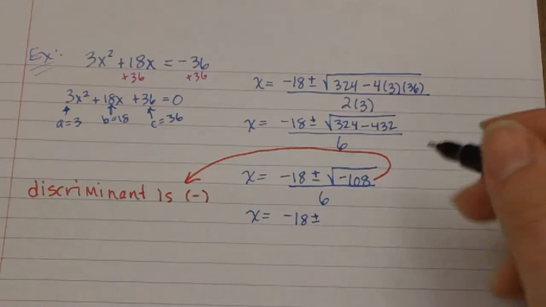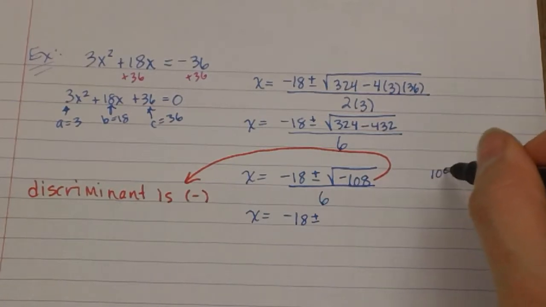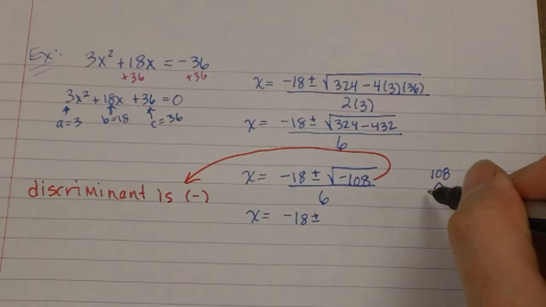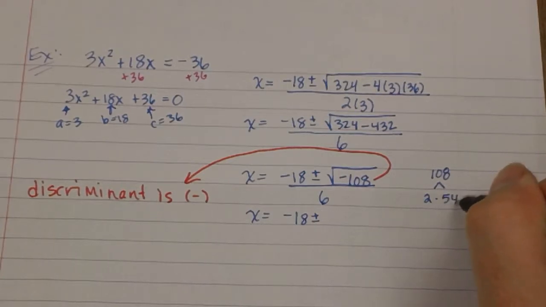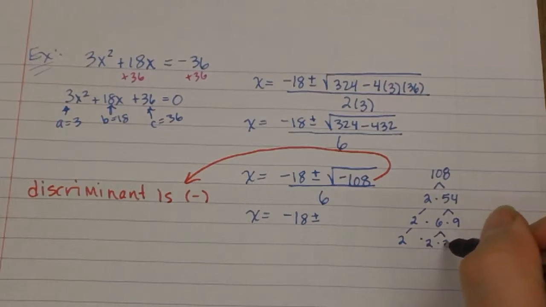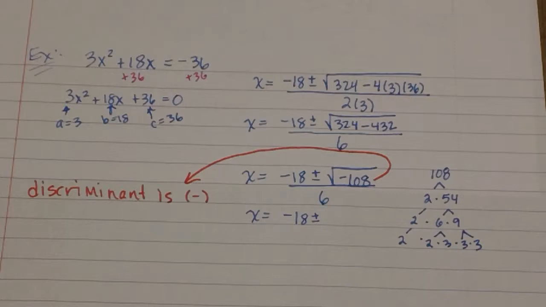Well, let's break down this 108. When we have 108, remember we want to break that down into its factors. 108 could be 2 times 54. 54 is 6 times 9. So 2 times 3 times 3 times 3. Let's see what comes out. Remember, they come out in pairs. So I have a pair of 3's that comes out, turns into a 3.